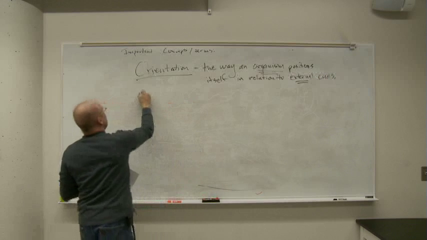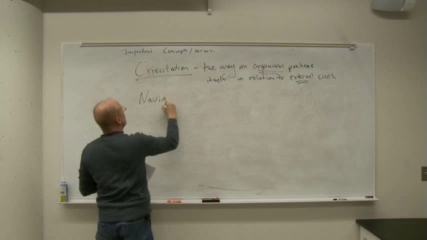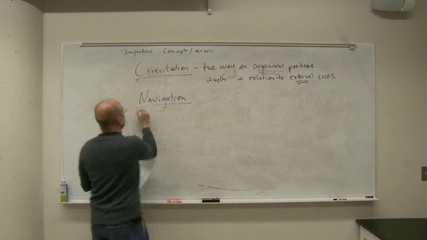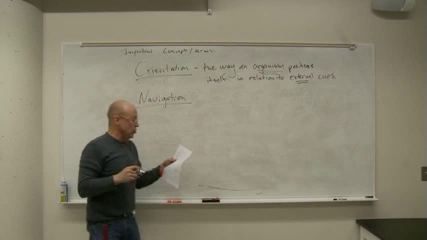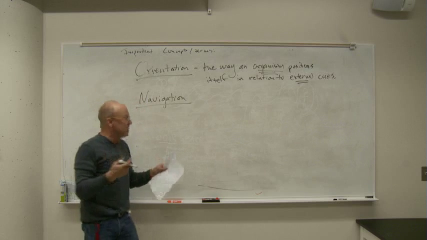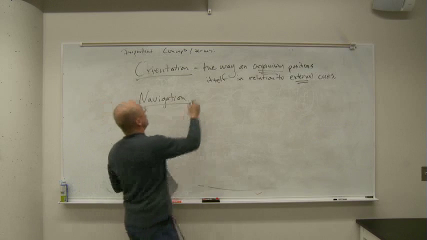The next one, navigation. Navigation is the process by which an animal uses various cues to determine its position in reference to a goal.